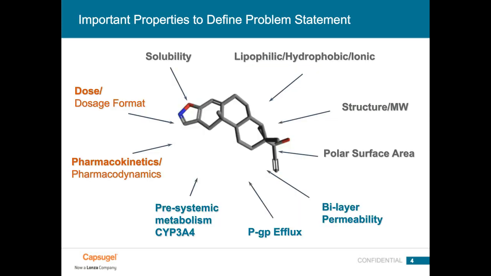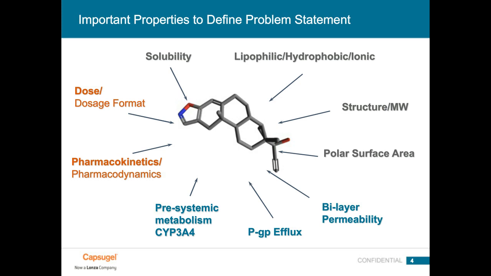So there are several properties of compounds that we need to look at when we're deciding on a technology to use and a formulation to develop. And those include, in gray, physicochemical properties like solubility, hydrophobicity, molecular weight, and such.